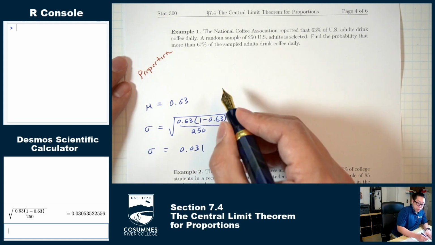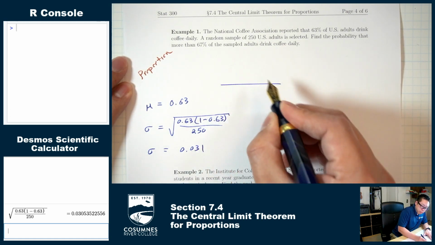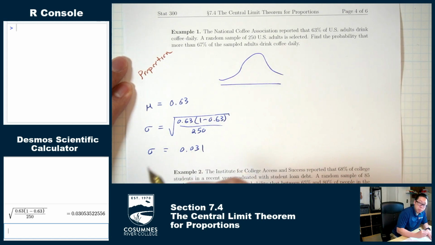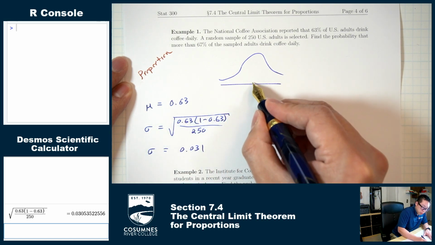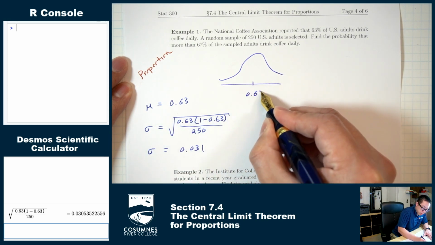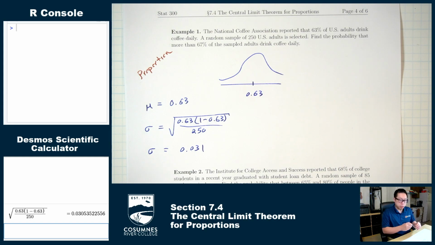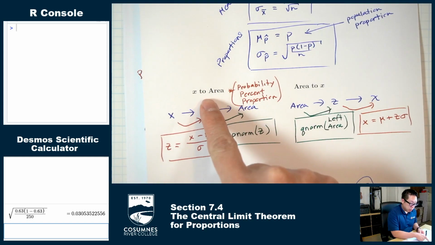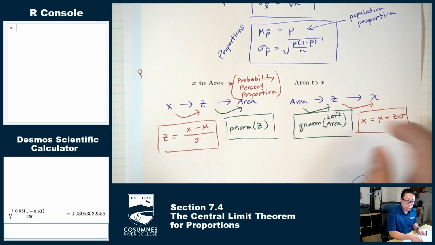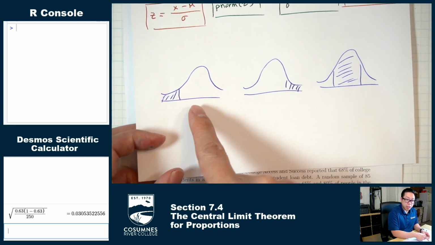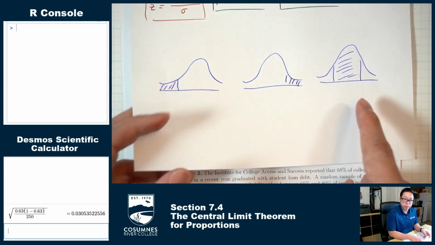Now let's draw our picture. Put the mean in the middle, which is the 0.63. And then 2 more decisions here. We have to decide whether this is an x to area or an area to x. And then we have to decide whether the picture is shaded left, shaded right, or shaded between.